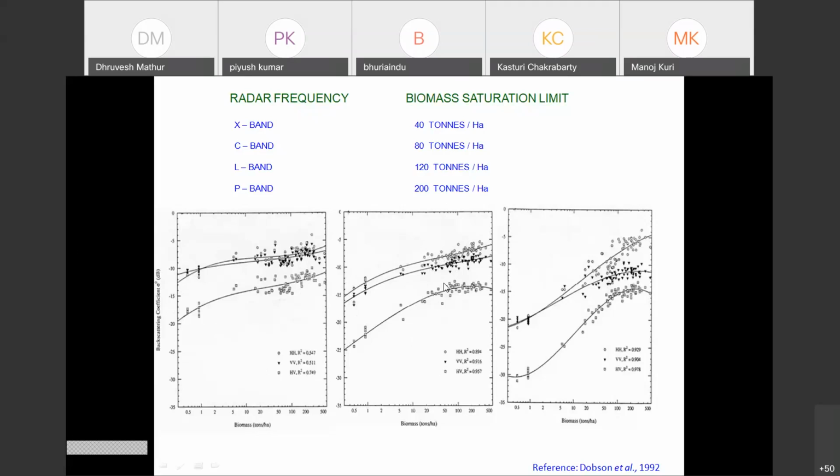The classification is often overlapping with the increasing biomass. But when we go to the P band, the separation is improved greatly, and we get a better zonation of the forest biomass available in an area.